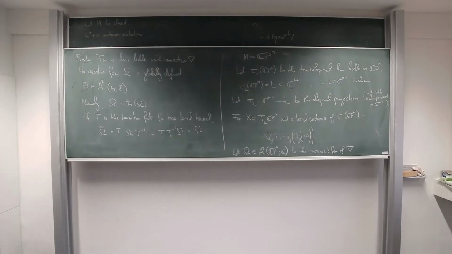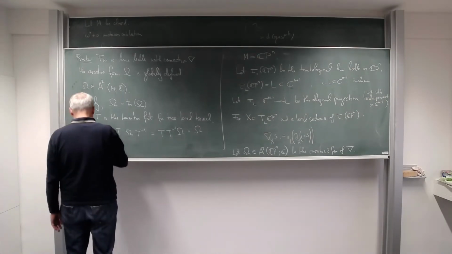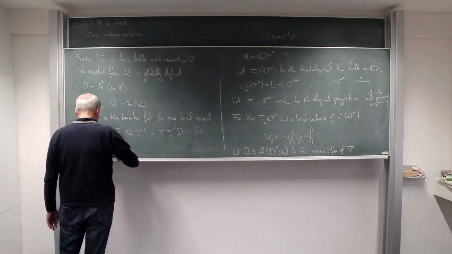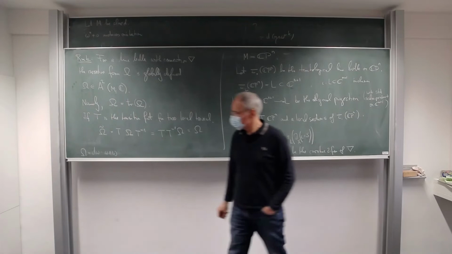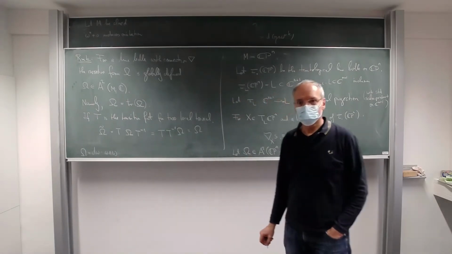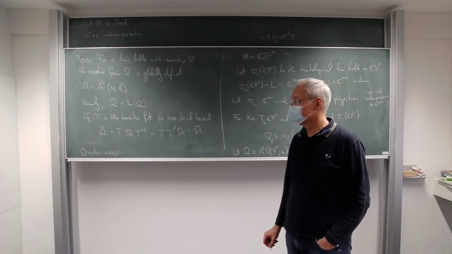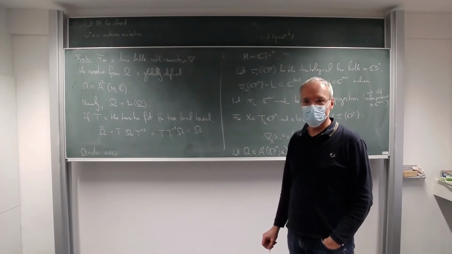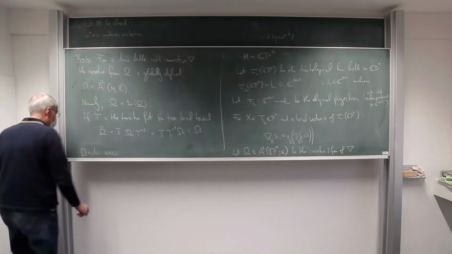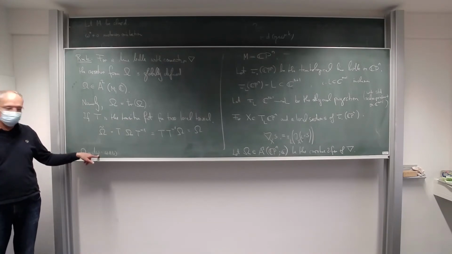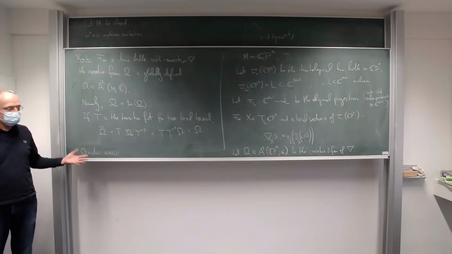Yes? The structure equation looks like this. How does this help? If we knew something about little omega, we could deduce something about capital omega from it, but now we try the occult, right? So we know that this is globally defined. Question is, is this also globally defined? I don't see that this helps.